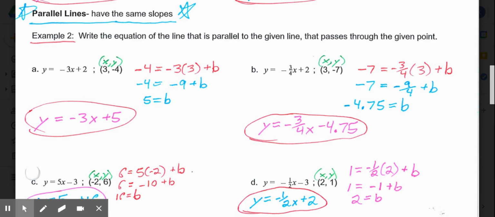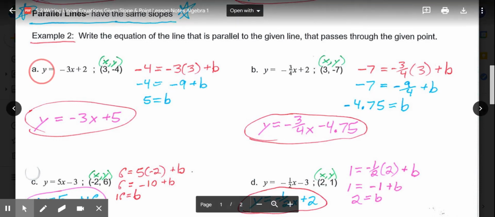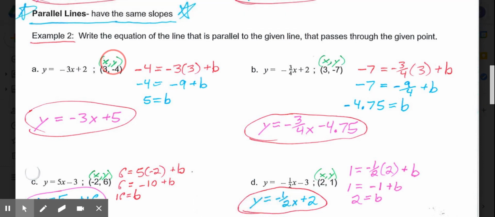In part A, the equation for the first line is y equals negative 3x plus 2. So we know the slope of that line is negative 3. The point we are given for our line is 3, negative 4.